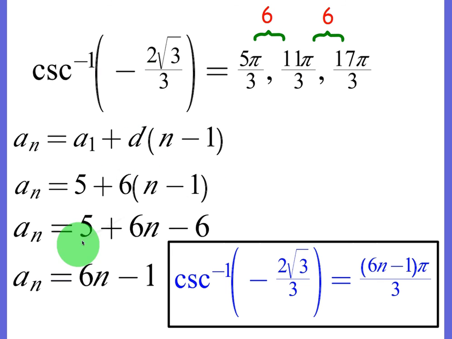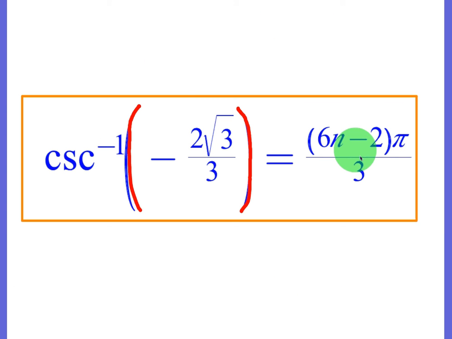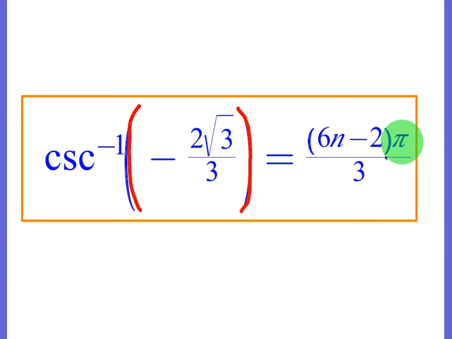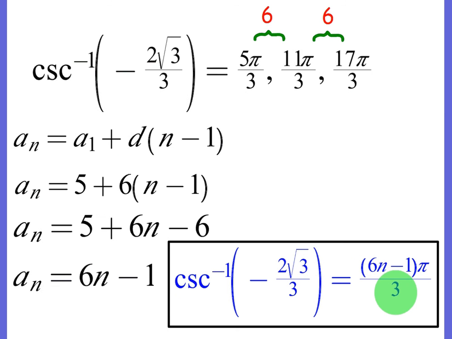Plug it into the arithmetic sequence formula. We get 6n minus 1 for the coefficient. So that's one answer, and that's another answer: 6n minus 2 pi over 3, and 6n minus 1 pi over 3. Almost the same, just a little bit different in the numerator.